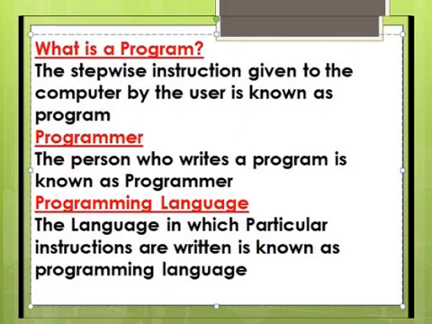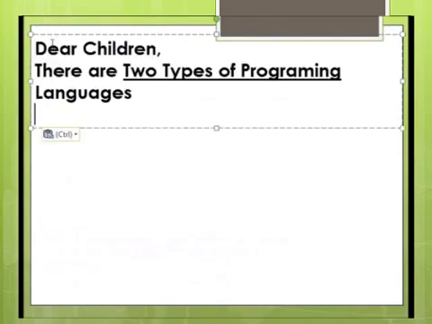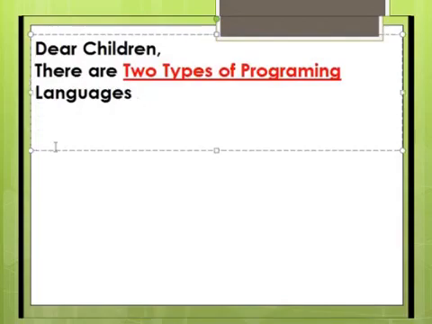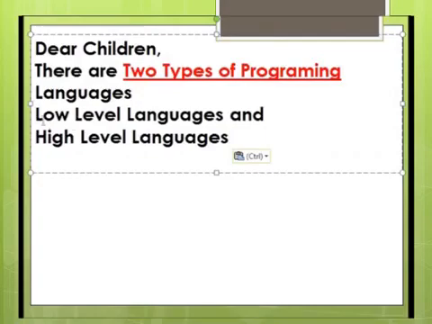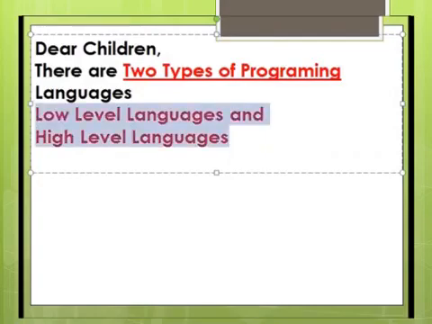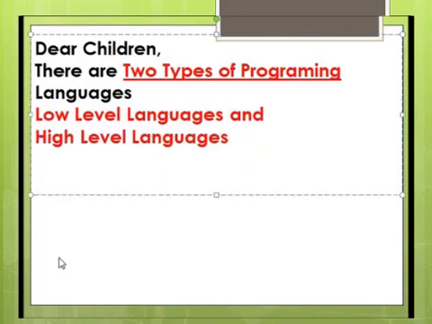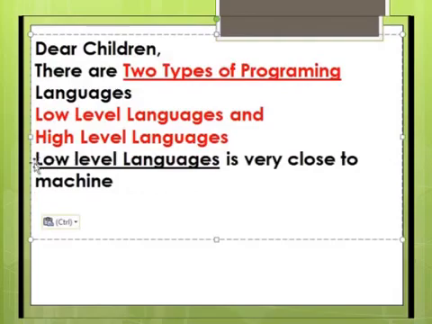There are two types of programming languages: high-level language and low-level language. Low-level language is the one which is closer to the computer hardware. The instructions will be in the form which the computer can easily understand.